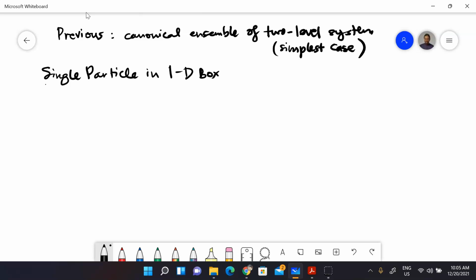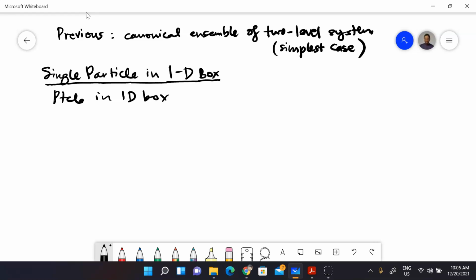This you probably have learned in quantum mechanics. Okay, so we have a particle in a 1D box. We will mention what this means in a minute.